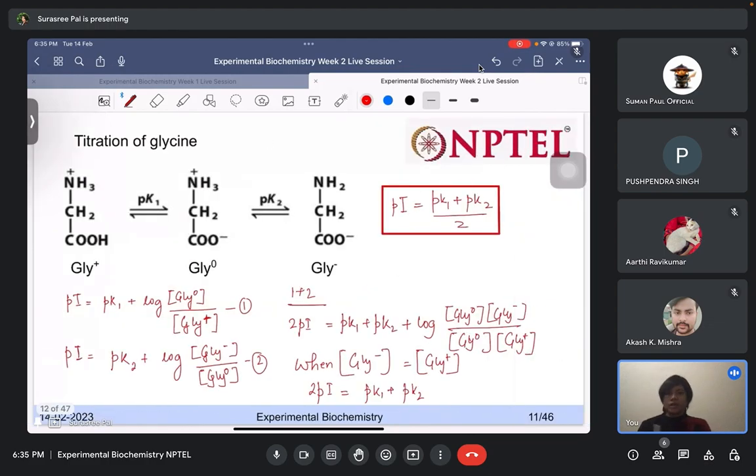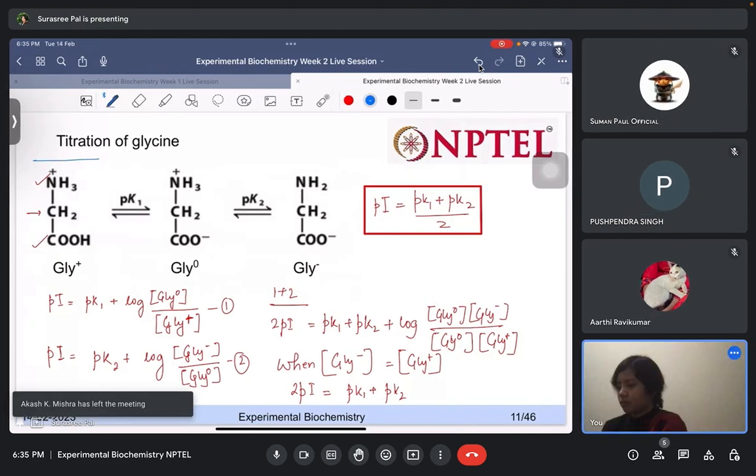Now we will discuss the titration of the simplest amino acid, which is glycine. If you remember the structure of glycine, the alpha carbon contains 2 hydrogen atoms, an NH3 or NH2 group, and a COOH group. Take a look at this first structure.